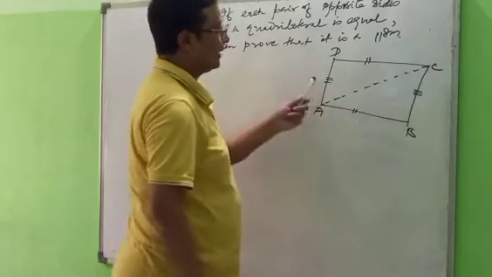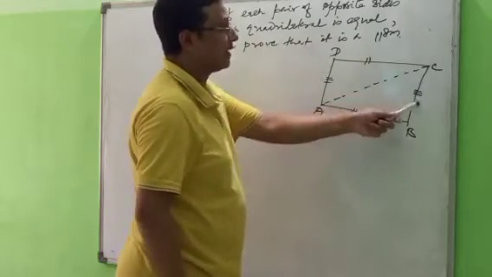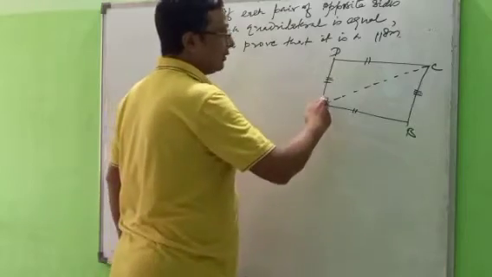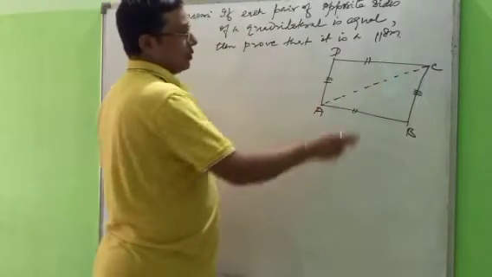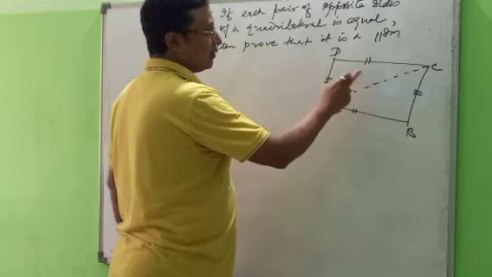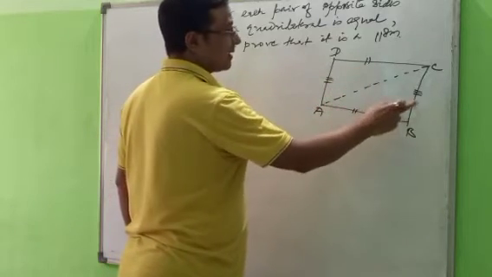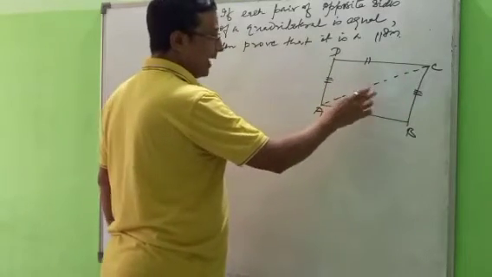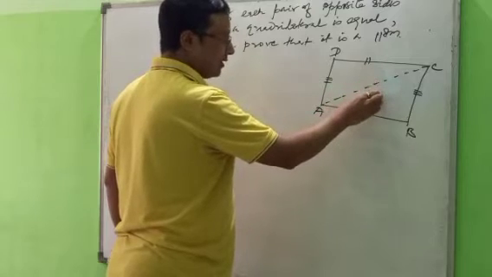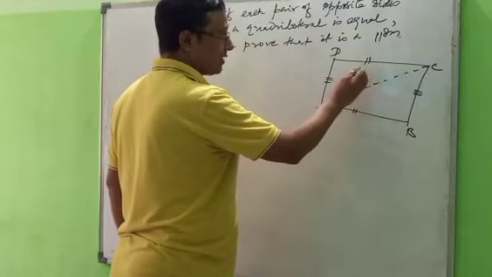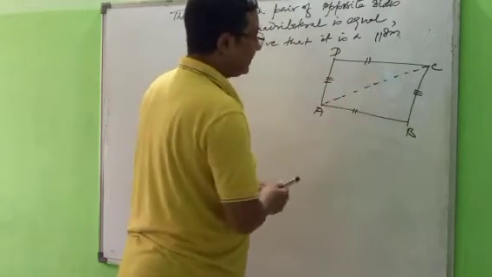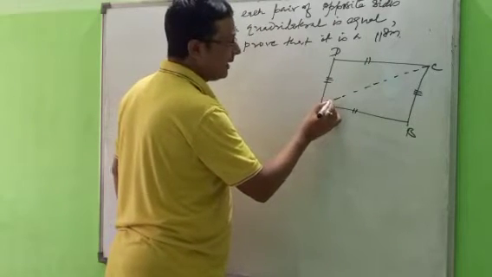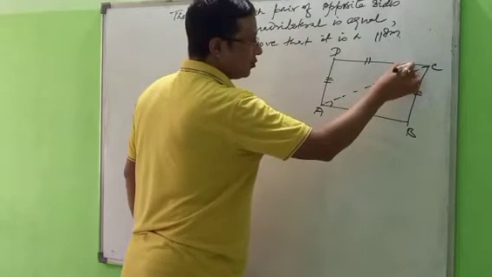This is also given, because the opposite pair of sides are equal. Then you have the common side AC. So the two triangles are congruent by side-side-side. As these two triangles are congruent, you will get their corresponding parts also equal. Let us take, say, this angle equal to this angle.